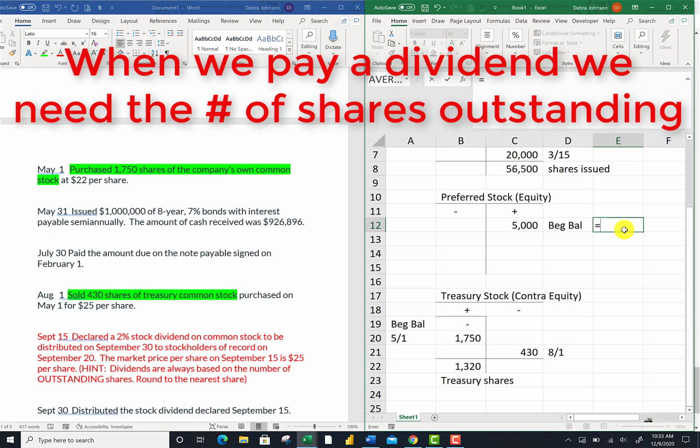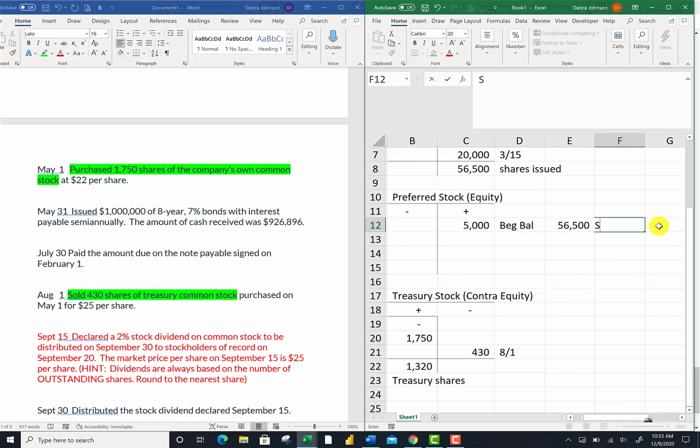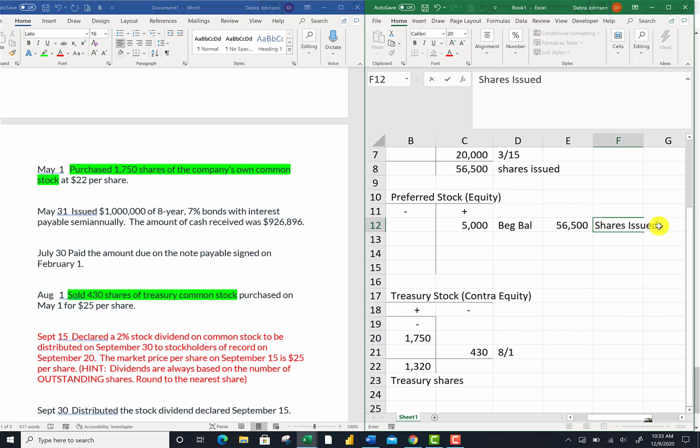I'm going to come over here. I'm going to show that at that date, I had 56,500 shares issued. And of those shares, 1,320 was sitting in the treasury.